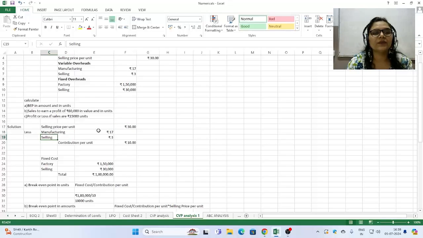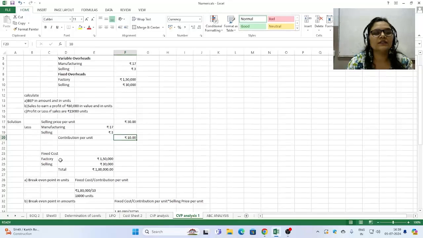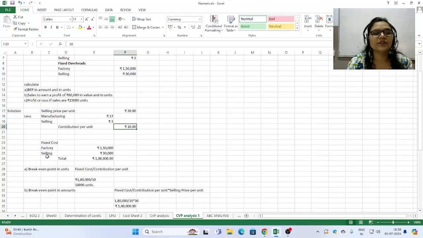Manufacturing and selling costs are also given per unit, 17 plus 3 is 20. Contribution per unit will come out to be 10, 30 minus 20. Fixed cost is given, factory fixed cost plus selling fixed cost, 1,50,000 plus 30,000 will give you rupees 1,80,000.